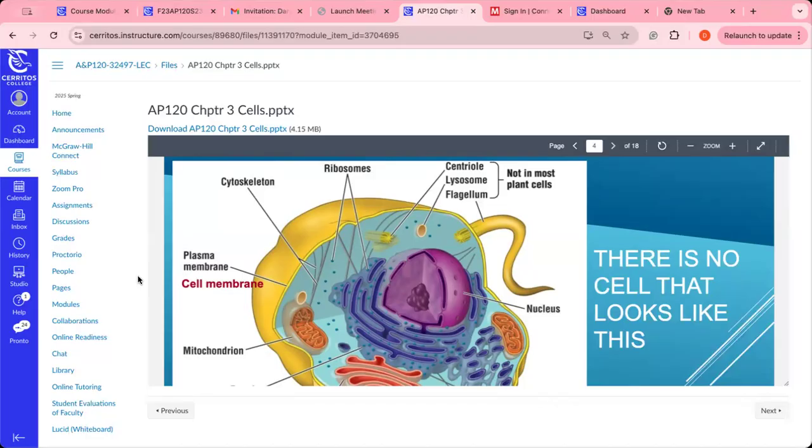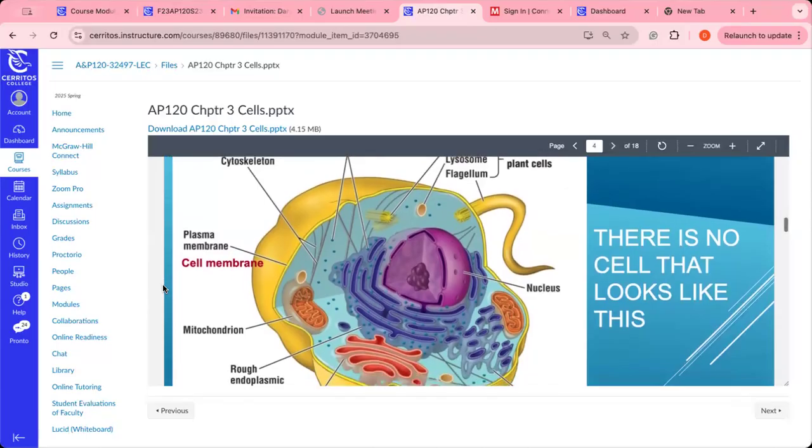You have the centrioles up here, and the lysosomes, the little tiny dots up there. And then you have the flagellum. You have the nucleus of the cell where the protons and the electrons are. And then you have the rough endoplasmic and the smooth endoplasmic.